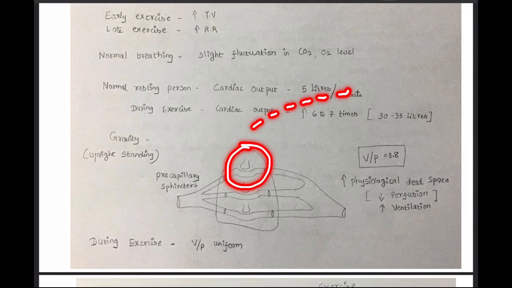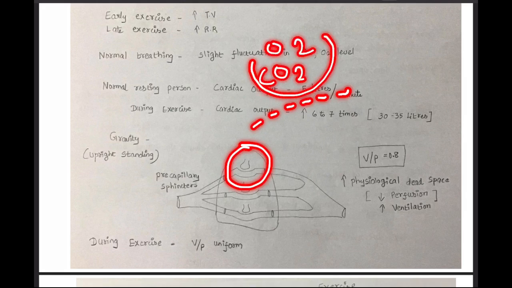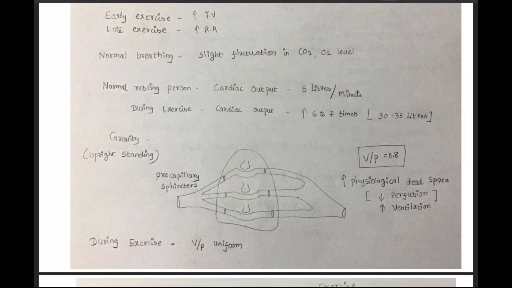So basically you have only the air movement, that is oxygen and carbon dioxide movement, but there will be very less perfusion and increased ventilation, because there will be air movement. Due to low blood flow, there won't be much perfusion or gas exchange.